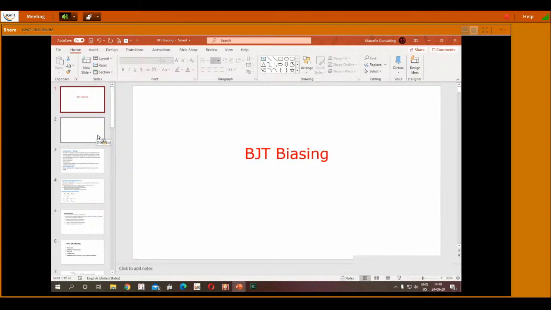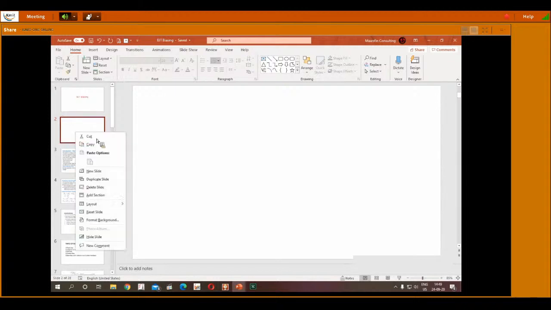Now let me take a BJT. If I apply an AC signal to the BJT, the voltage strength of this signal must be amplified.